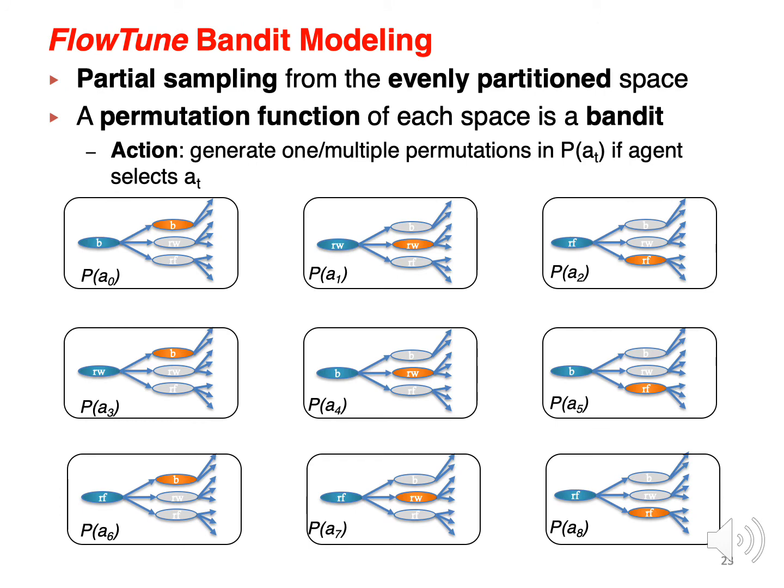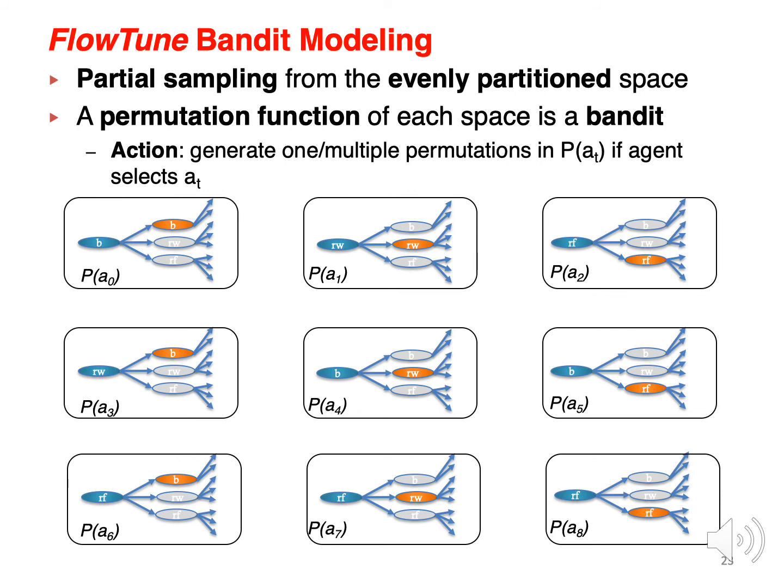Based on our domain-specific knowledge of the DAG-based algorithms in the previous slides, we now define bandits as a sampler of an evenly partitioned design space. Specifically, in this example, we pick three transformation candidates, and each of them can appear more than once, and we can define 9 bandits that evenly split the entire design space.